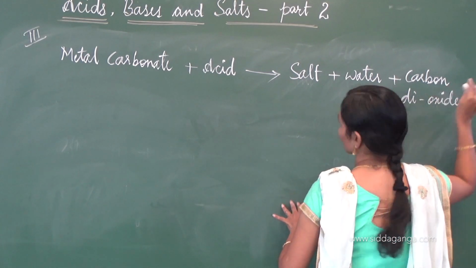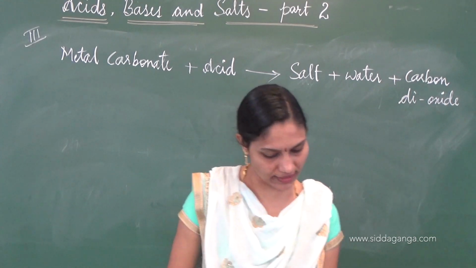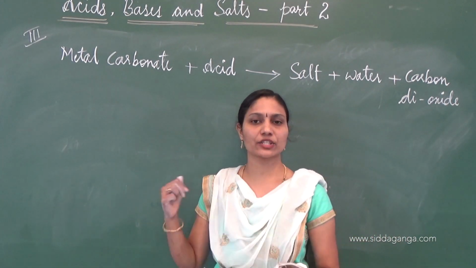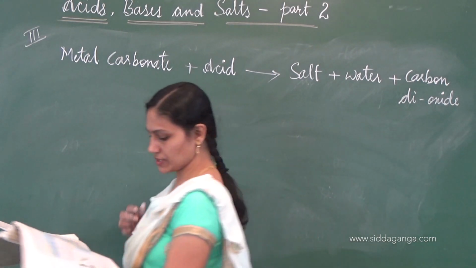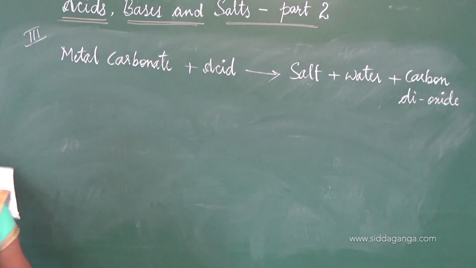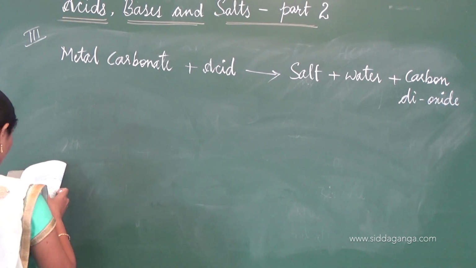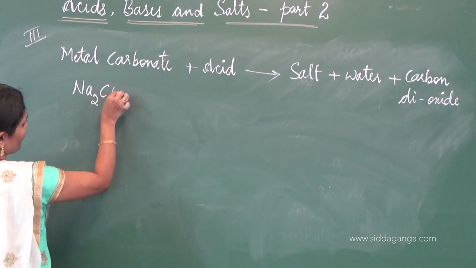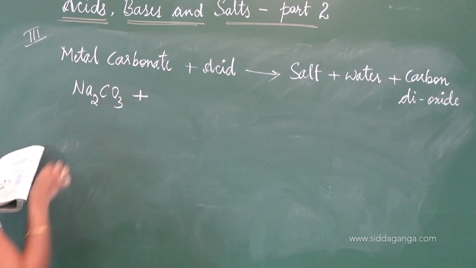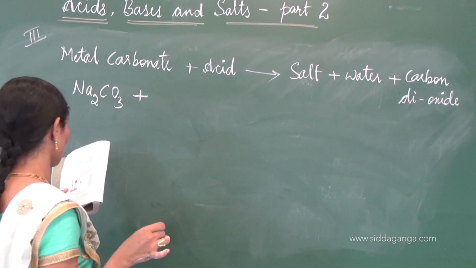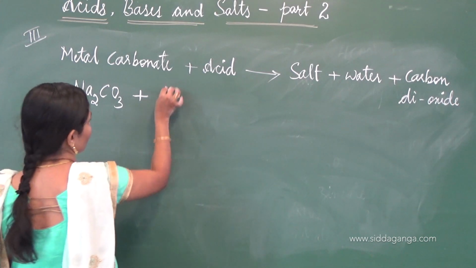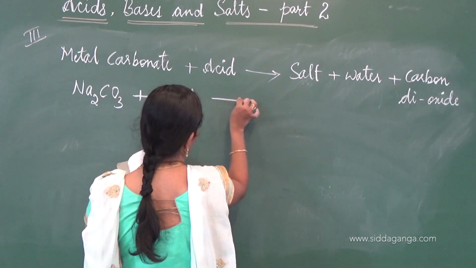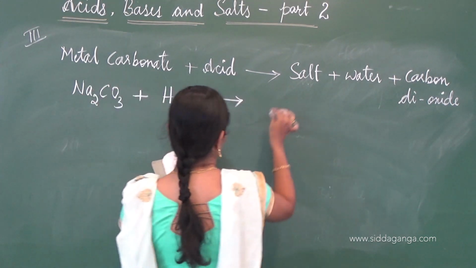So this is a general equation, and here is another activity, activity 2.5. We will write the corresponding chemical equations to this. The metal carbonate here is sodium carbonate, Na2CO3, and the acid that is taken in activity 2.5 is HCl, hydrochloric acid. So upon reacting with the dilute hydrochloric acid, a salt is formed.